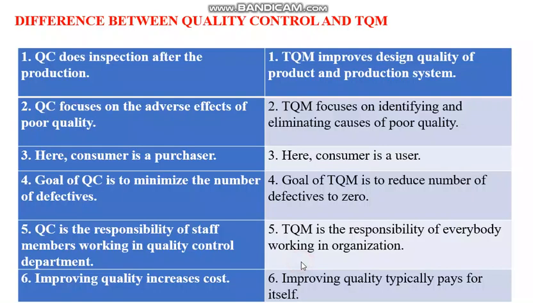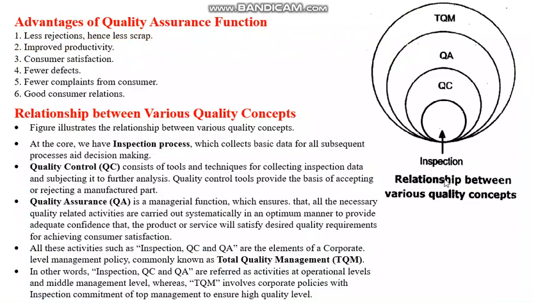Now let us see what is the difference between quality control and TQM. Actually, I'll show you one figure which we discussed before. Remember this figure, we were discussing the relationship between various quality concepts. Inside the circle was inspection, then quality control, then quality assurance, and afterwards we come to TQM.